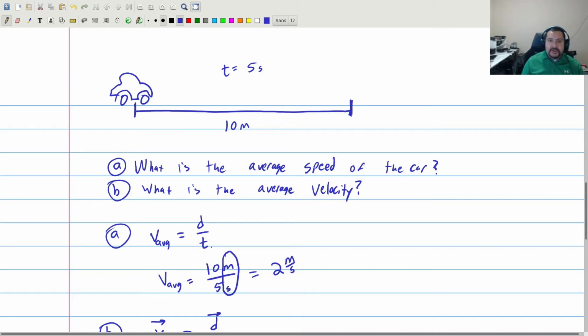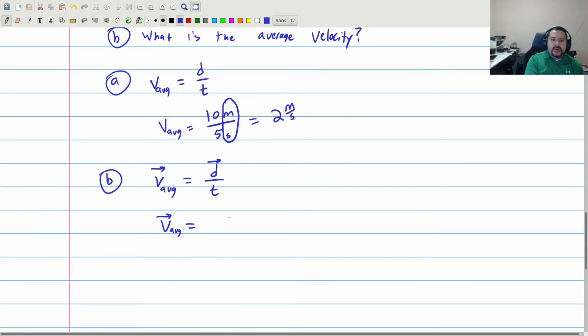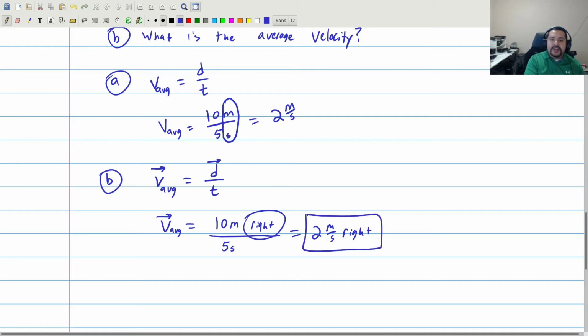In this case, it's 10 meters to the right, divided by our time, which is 5 seconds again. That's equal to 10 divided by 5 is 2. What are my units? Meters per second. And you'll see my direction is even included in the problem. It's 2 meters per second to the right. And there is my average velocity.